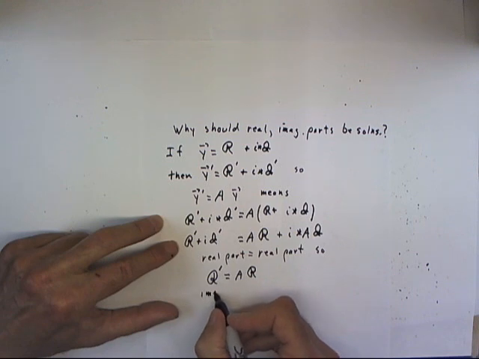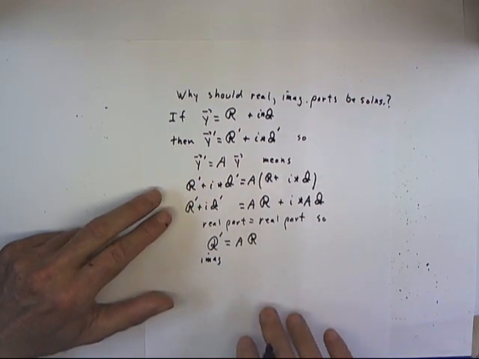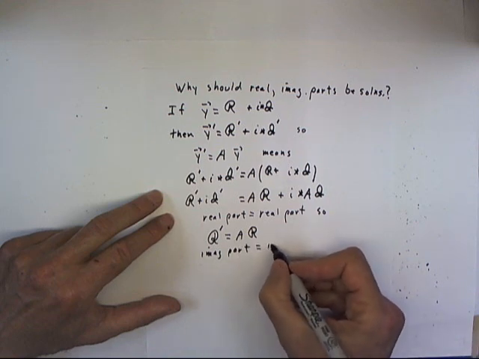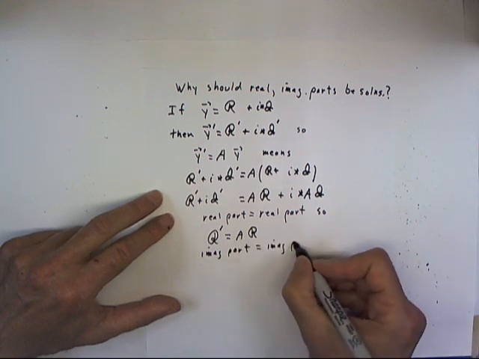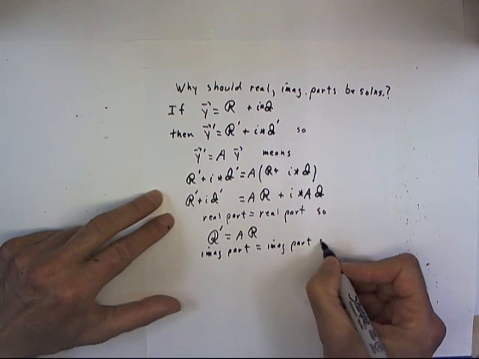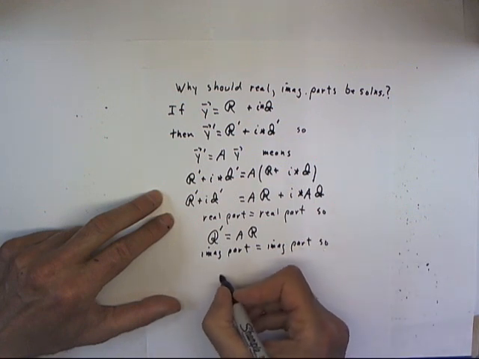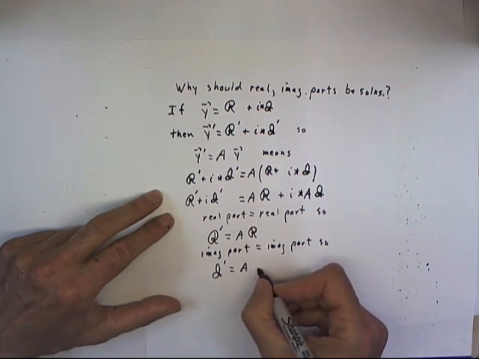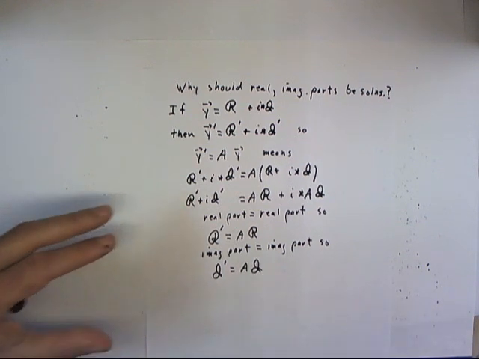And the imaginary part equals the imaginary part. So I prime equals A I.